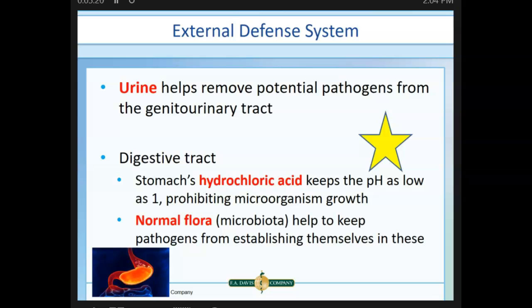As far as the digestive system, the stomach includes hydrochloric acid, which keeps the pH of the stomach very low, as low as 1, prohibiting microorganisms from growing. Also, the digestive tract has normal flora or microbiota to help keep pathogens from establishing themselves. So the normal flora are already growing there, so their growth helps keep pathogenic bacteria or viruses or parasites from establishing themselves. So it's very important.